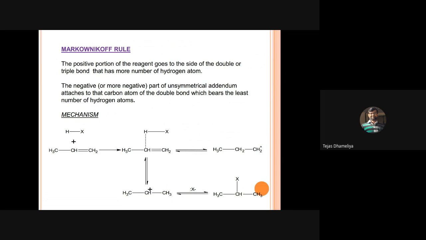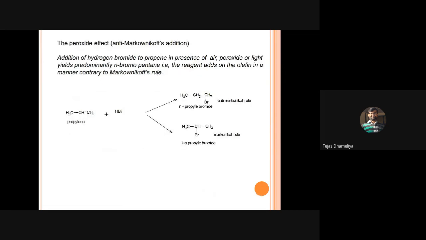Now, I have certain another things to discuss with you. That is what is called anti-Markovnikov rule. This anti-Markovnikov rule is also termed as Kharasch rule, also called peroxide effect or anti-Markovnikov.